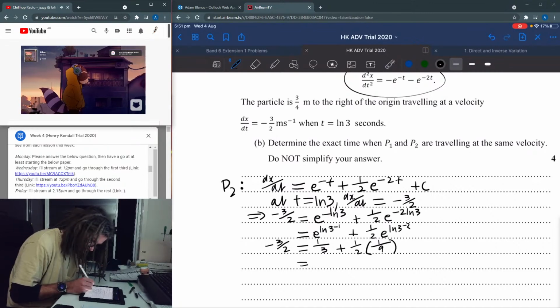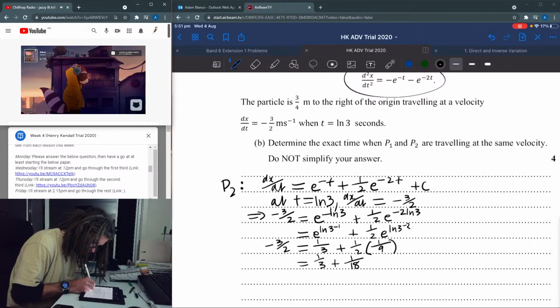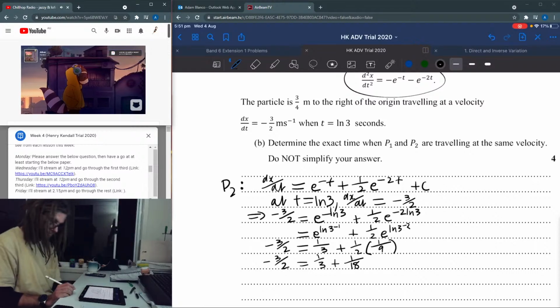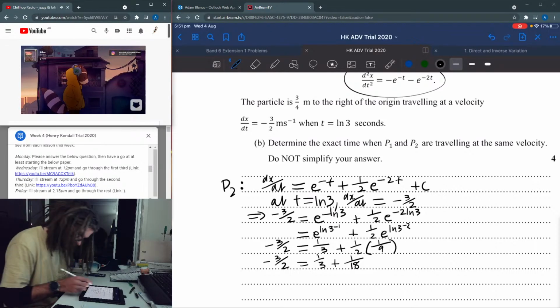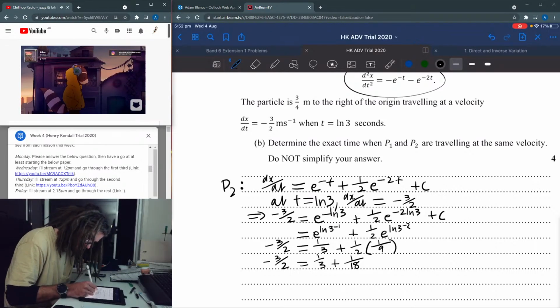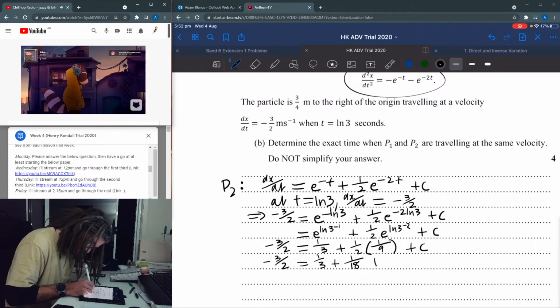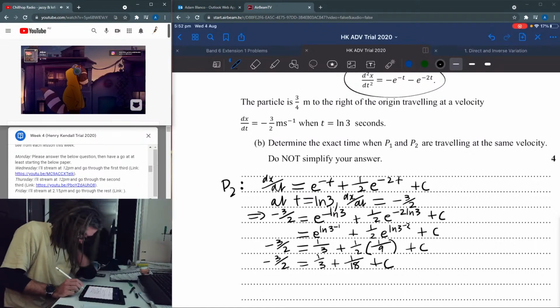Okay, this is 1/3 plus 1 on 18, negative 3 on 2. What happened to my constant? What am I even doing? There's a plus c on the end of all this. Okay, jeez.